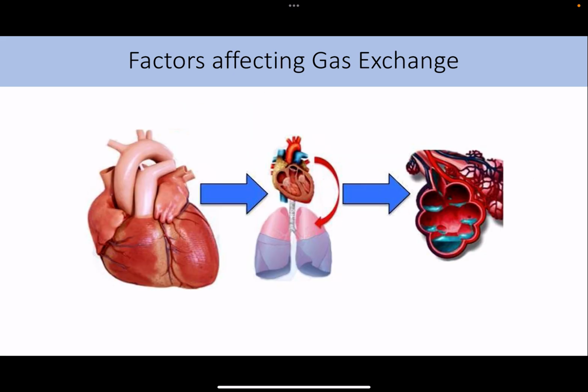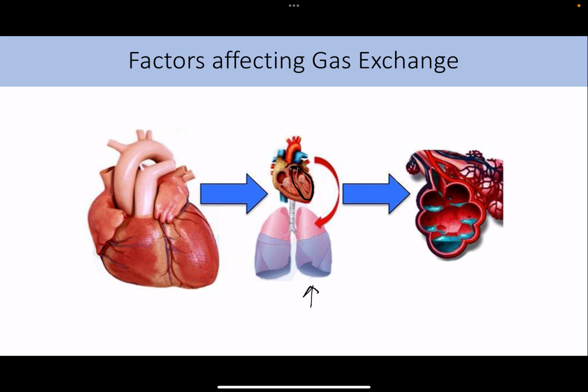Another thing that's going to affect is the thickness of the respiratory membrane. So we talked about congestive heart failure causing pulmonary edema. And which side congestive heart failure would cause pulmonary edema? Left side congestive heart failure. Okay, so if there's issues going on the left side of the heart where it's not pumping out properly, the blood backs up to where it came from, which is at the lungs.